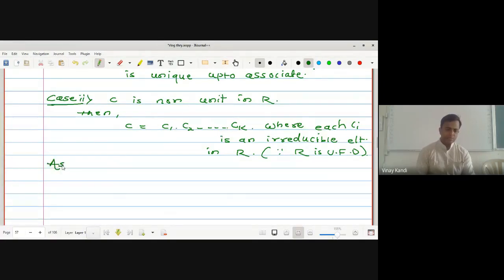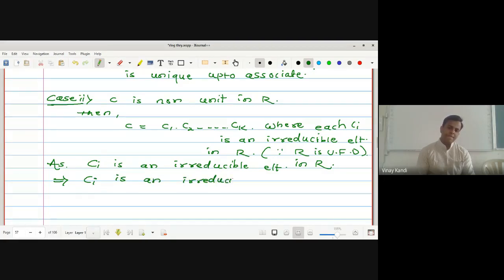As Ci is an irreducible element in R, it implies Ci is an irreducible element in R of X. Why?